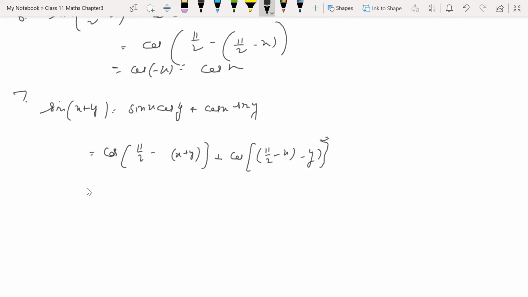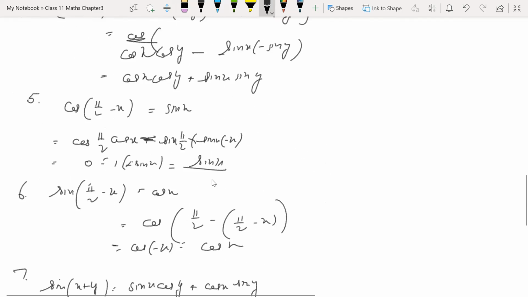We can write this using the above properties. Cos of pi by 2 minus x times cos y plus sin of pi by 2 minus x times sin y.